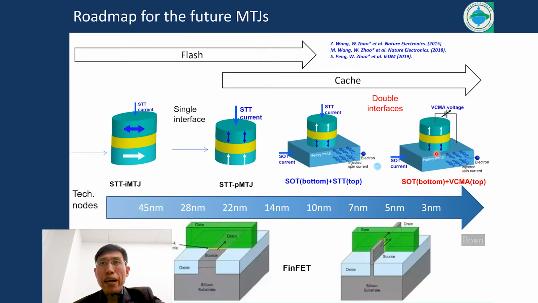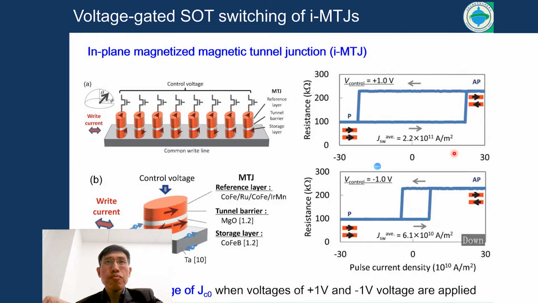So let's go back to the roadmap of MRAM from our point of view. If we want to continue scaling down the MRAM devices, we need to use voltage control magnetic anisotropy. In this case, the power efficiency could be higher. This is not a new concept.